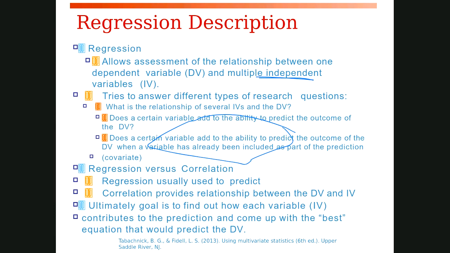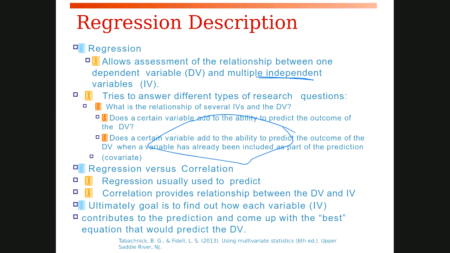So regression is usually used to predict, whereas correlation just looks at the relationship between the variables. Ultimately, with regression, the goal is to find out how much each independent variable contributes to the prediction and come up with the best equation that predicts the dependent variable. So again, in that example, which is the best predictor of obesity? Is it emotional eating?